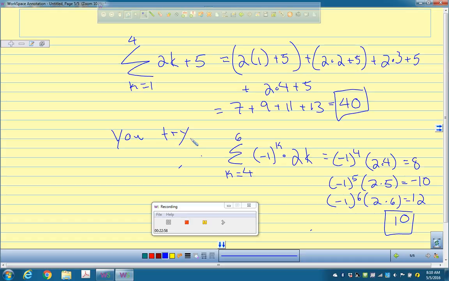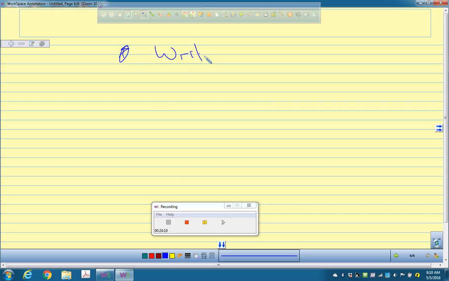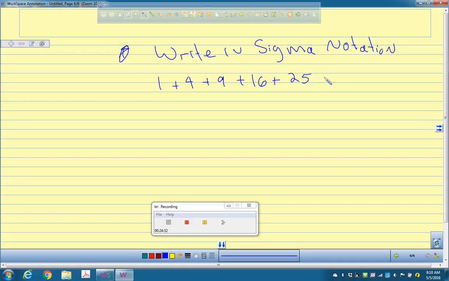So let's see if we could go backwards, okay? We're going to go backwards, and then you guys are going to work in pairs for a little bit. Write in sigma notation 1 plus 4 plus 9 plus 16 plus 25 plus 36.